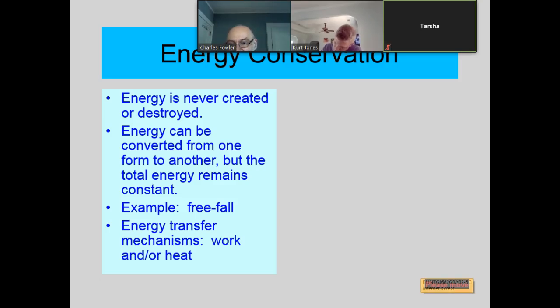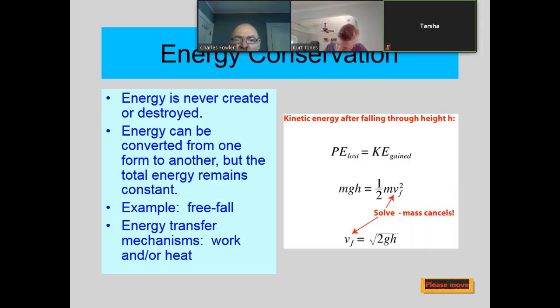And one example they give is free fall. If you remember that from last chapter, that's when you drop something from rest and let it fall due to gravity alone. Again, you're ignoring air resistance then, okay? So let's see their slides first. Oh, here it is. Now they do this. I thought they did it somewhere. The potential energy lost when you drop something is equal to the kinetic energy gained at the bottom, and that's where our formula came from. mgh is equal to 1/2 m v final squared.